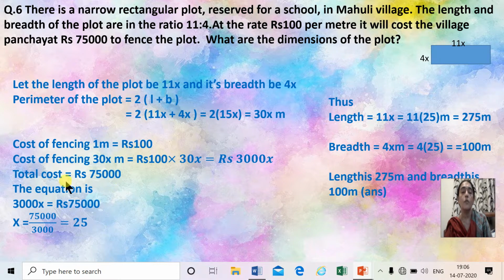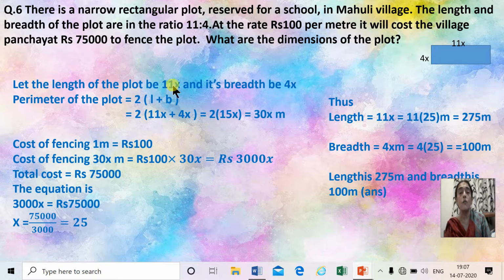So from this we can make the equation. The equation is 3000x is equal to rupees 75,000. So x is equal to 75,000 upon 3,000. You cancel 3 zeros, 3 ones are 3 and 3 25s are 75, so that is equal to 25. Thus, the length is equal to 11x.